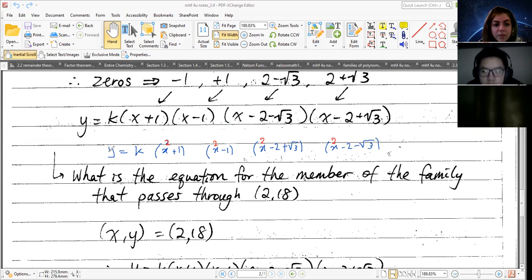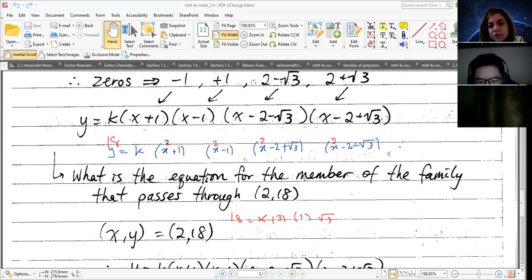And for y, I put 18. So I need to simplify that, right? So here is 18 equal to k. 2 plus 1 is 3. 2 minus 1 is 1. Here 2 minus 2 cancels, just the square root of 3.